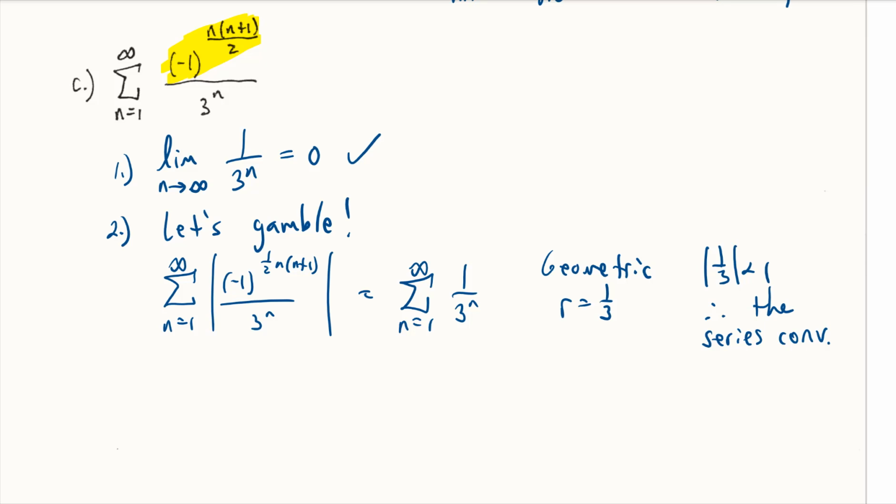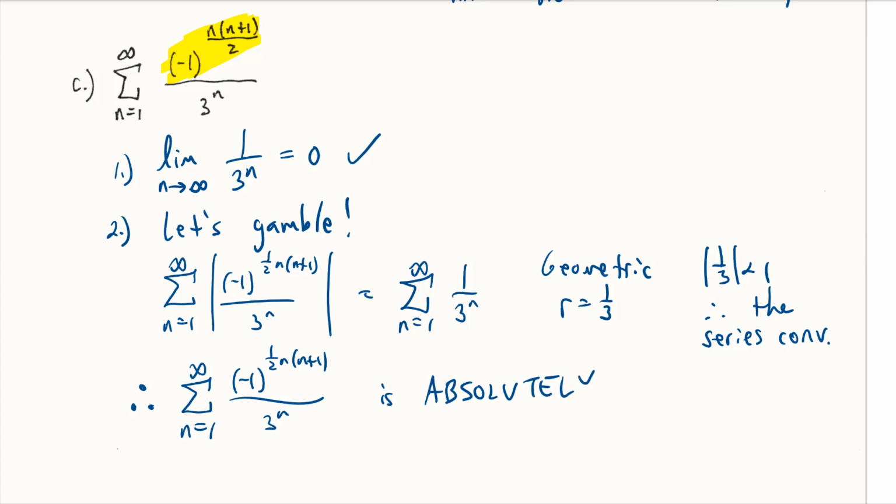I don't have to apply the alternating series test. So therefore, the given alternating series is absolutely convergent. So our gamble paid off.